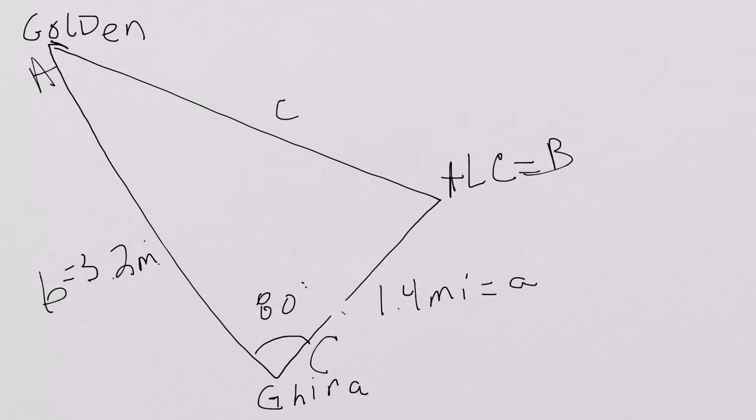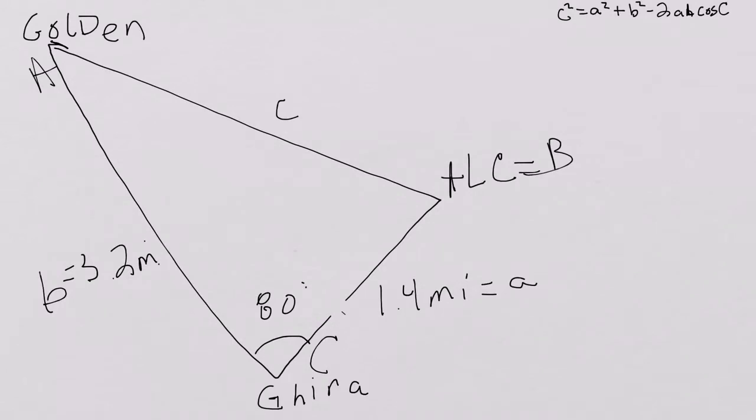All right, so we simply just plug it into our equation. Our equation is still C squared equals A squared plus B squared minus 2AB cosine C, where C is the included angle.